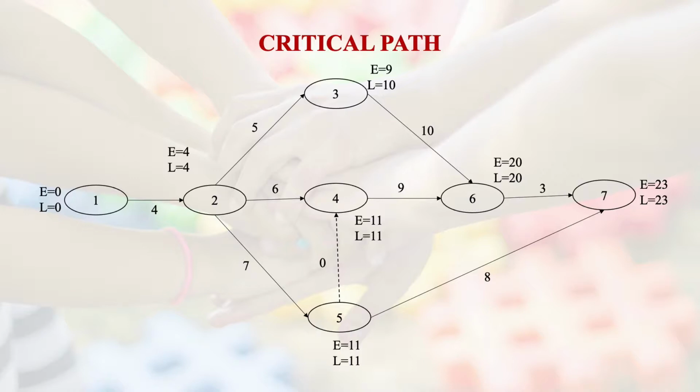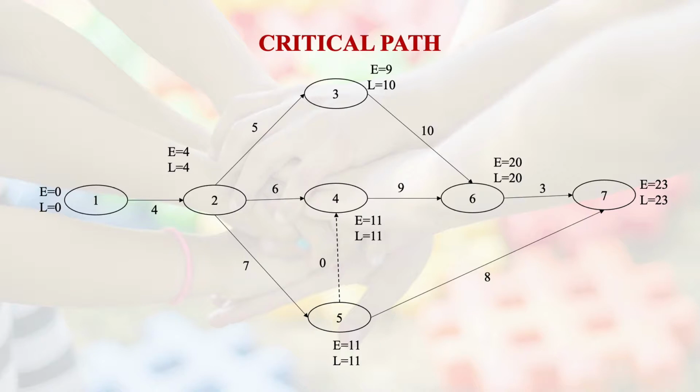Let's go to the diagram. Now what we see in this diagram: one of the major recognition points of a critical event is that for a critical event, the earliest occurrence time and latest occurrence time are the same.